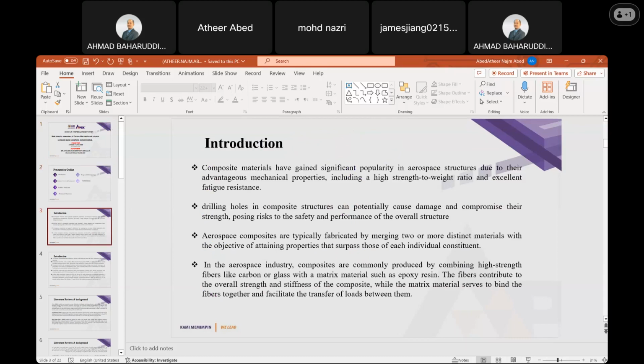Next, slideshow, please. Press the slideshow button at the bottom right so that we can see a bigger slide. I'm sorry, I have a problem with the internet.